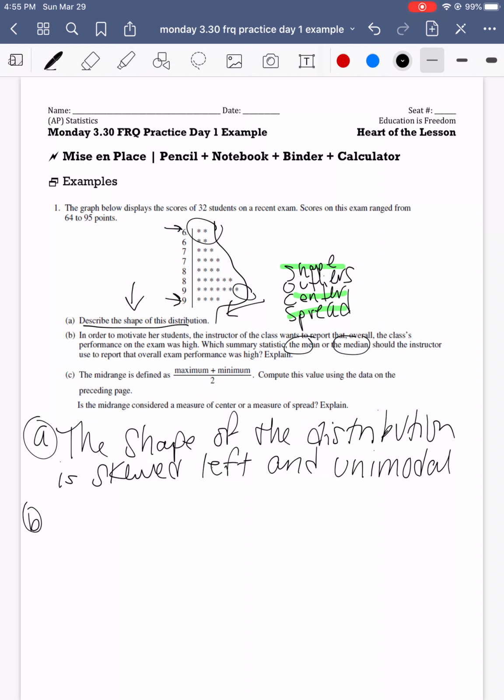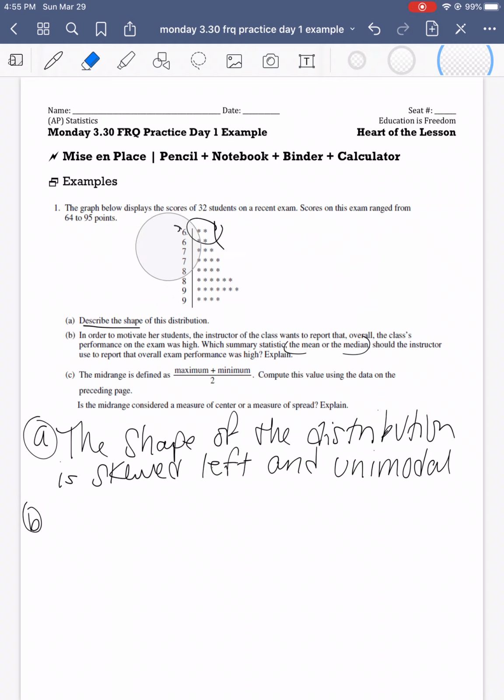So if I look at this graph, we've already determined that this is skewed left. If I were to use the mean of my data set, that is going to be pushed over towards our tail. We would think that the mean's going to be at the highest point, but not necessarily, because we have data that's pulling our mean towards our tail in a skewed distribution.